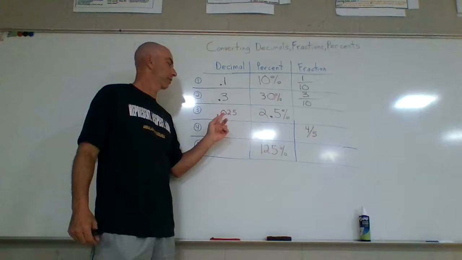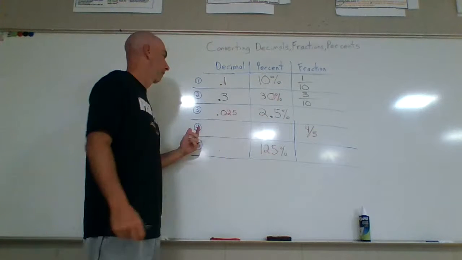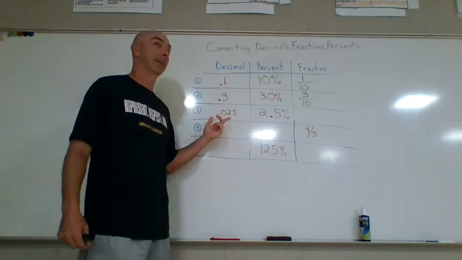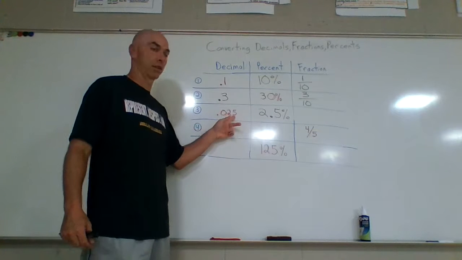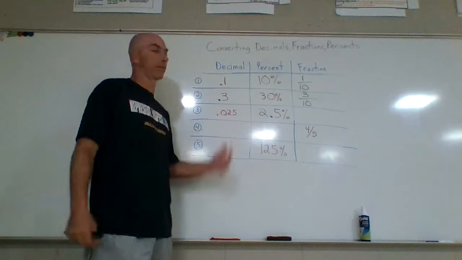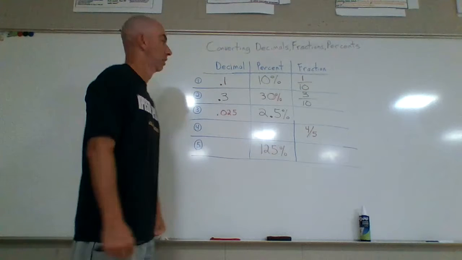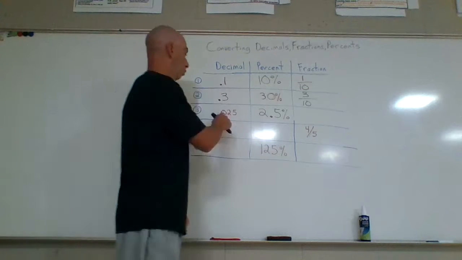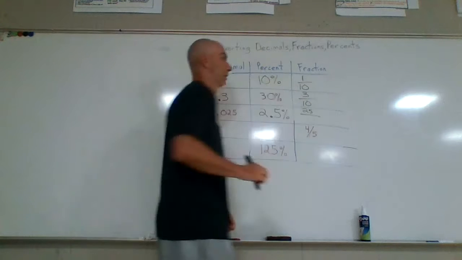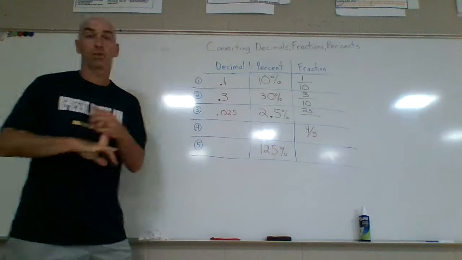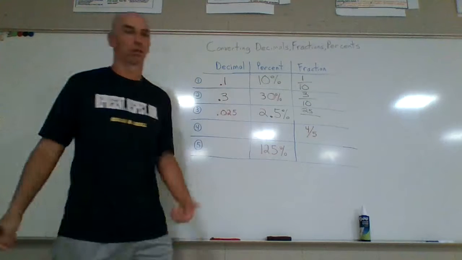So 0.025, what place value is that in? Tens, hundreds, thousandths. 25 thousandths. Okay, so 25 is on top. What place value is the last number in? 1,000.